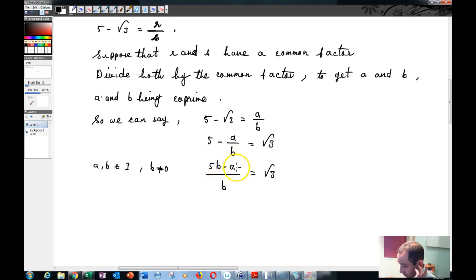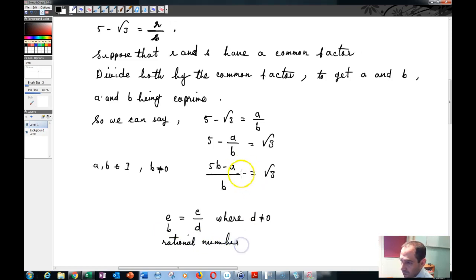So this is a fraction, like for example c divided by d, where d is not equal to 0. That means you can call it a rational number. So now you can say that square root of 3 is actually a rational number.